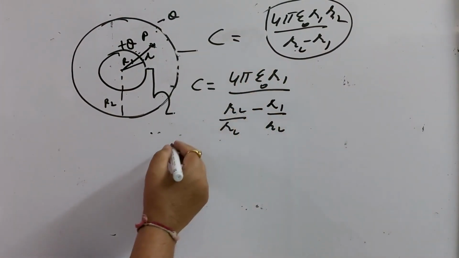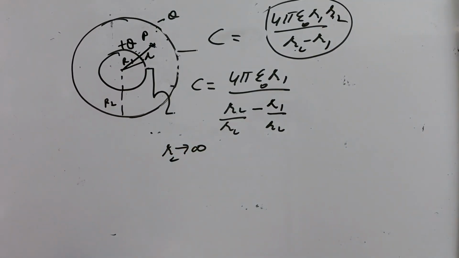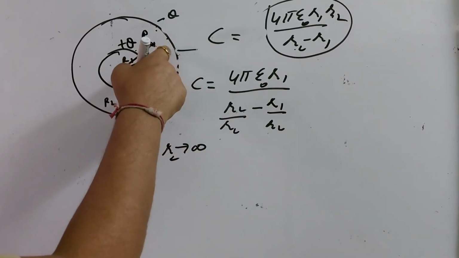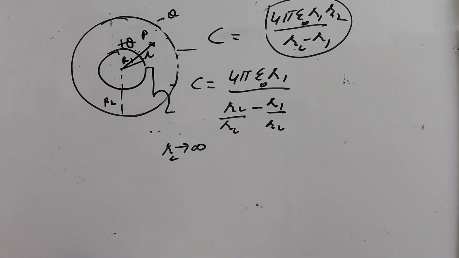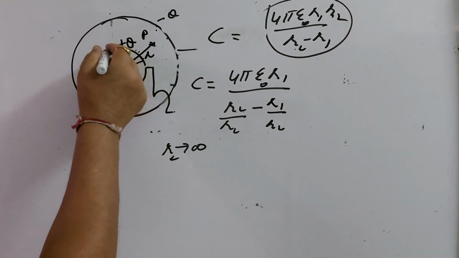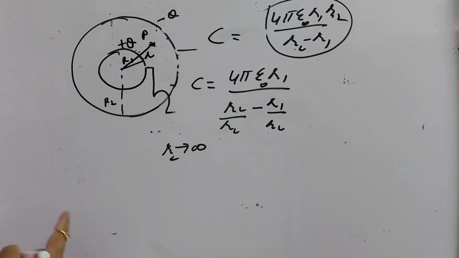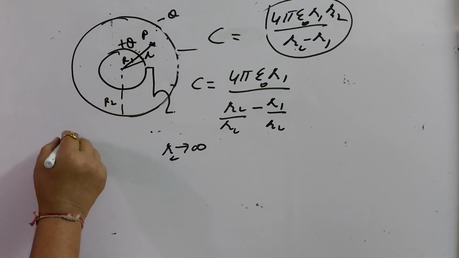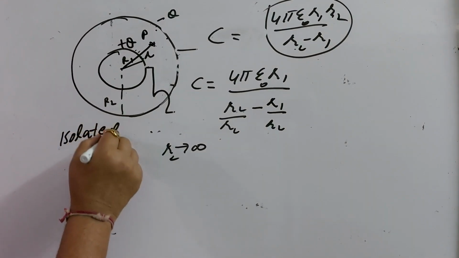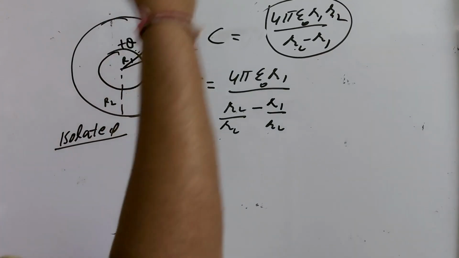Now if we further impose the limit that r2 approaches infinity, it means the second shell is lying at infinity, so we have only one conductor, this spherical shell, and that is called an isolated capacitor. Isolated capacitor means we have only one shell and the second conductor is lying at infinity.